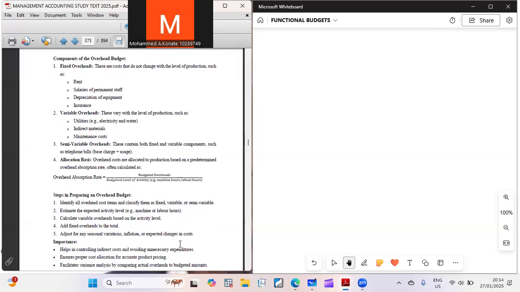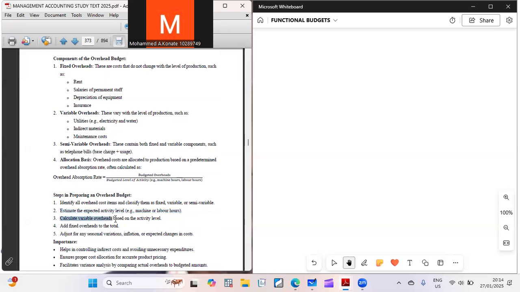So here, when you are given the question, you have to identify all the overhead costs and classify them into fixed, variable, and semi-variable. Then you also get the estimated level of activity, which is usually the production units or the labor hours. The question will specify it for you.